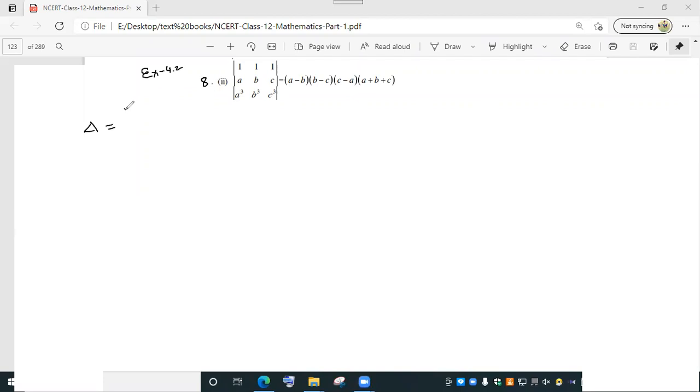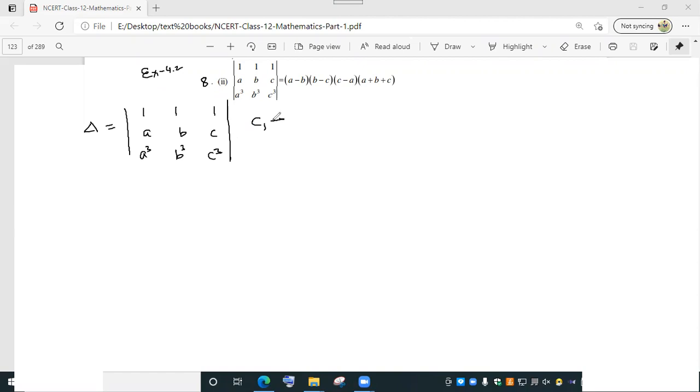Delta is given as the determinant with rows 1, 1, 1; a, b, c; a cube, b cube, c cube. As I told you, first we can try a minus b: C1 minus C2 and C2 minus C3.